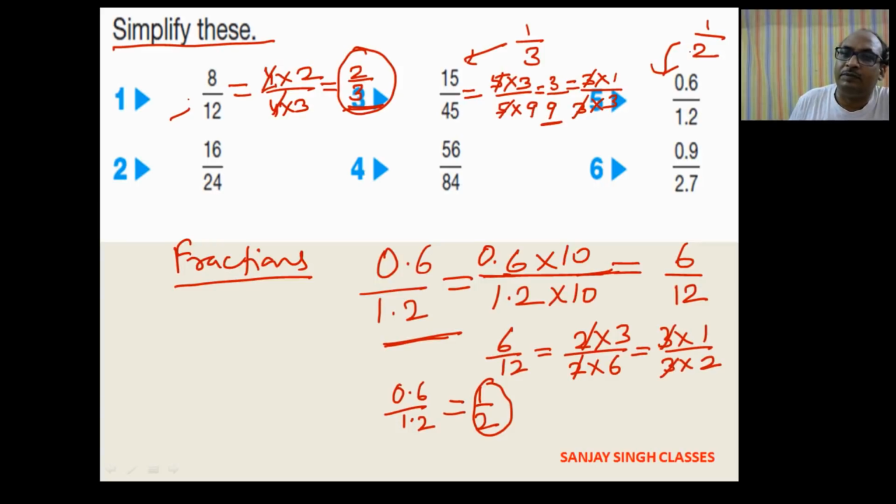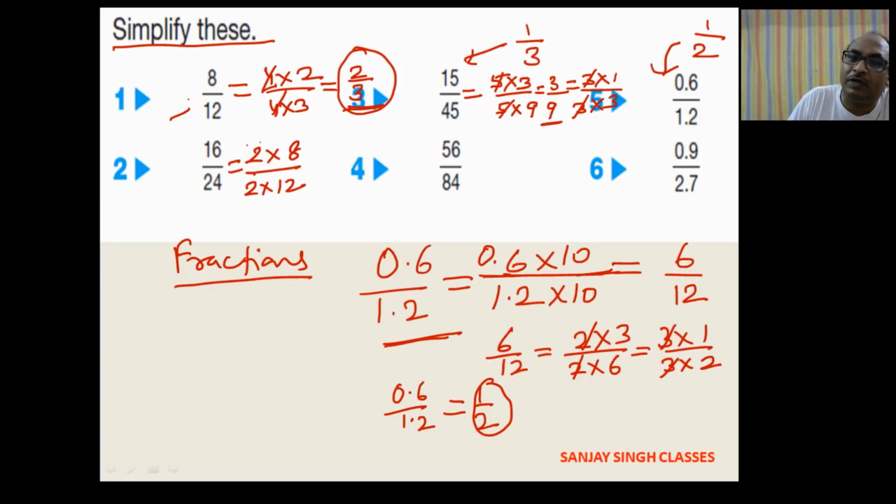Okay. Similarly, this 16 by 24. Again we can write 16 as 2 into 8 and 24 as 2 into 12. Further, if we want, we can write 4 and 8 also. Even 8 is common, in the table of 8: 8 2s are 16, 8 3s are 24.